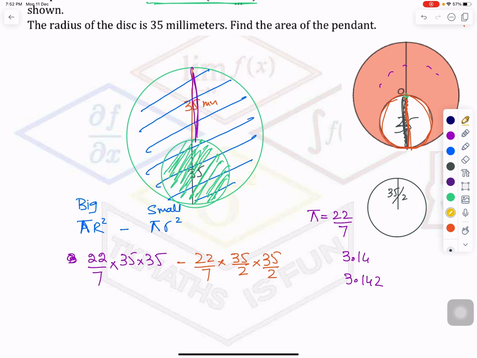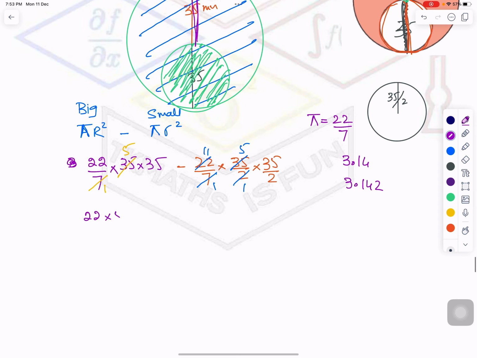Now let's see what we can cancel out. So now I'm left with 22 into 5 into 35, and on this side I'm left with 11 into 5 into 35 divided by 2.